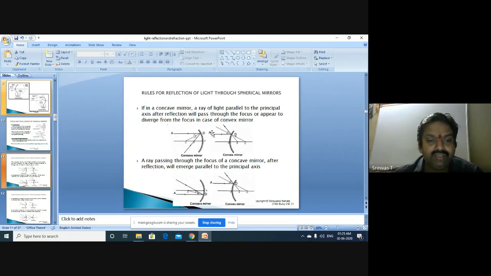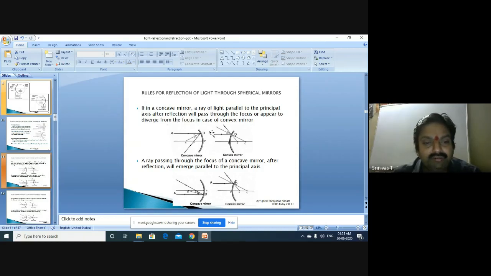Now, a ray passing through the focus of a concave mirror, after reflection, will emerge parallel to the principal axis.